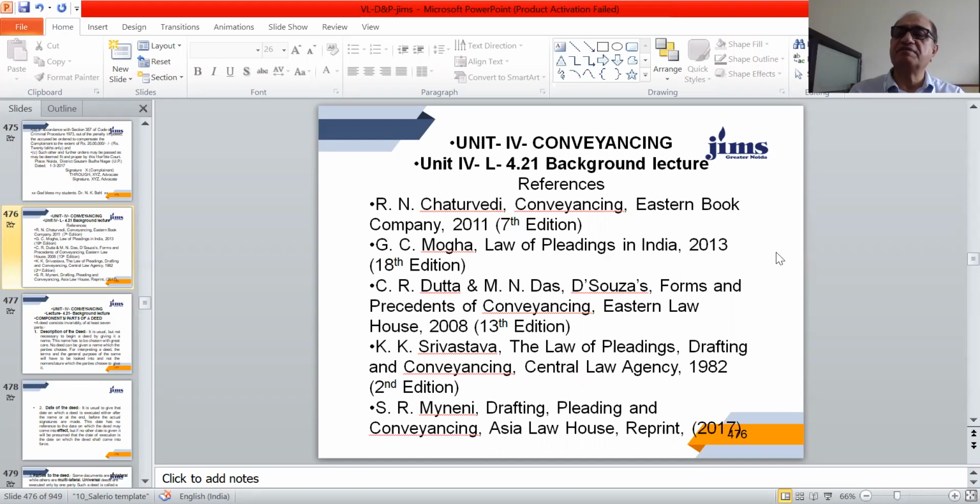So any kind of conveyancing, that is transfer of rights, can be done with the help of a conveyance deed. So today we'll take up the background lecture relating to conveyancing of deeds, and you can pick up one or more of these books for your reference for learning the drafting of conveyance deeds.